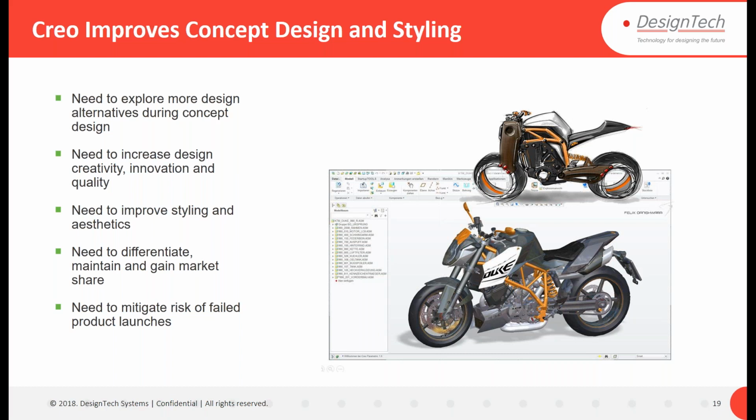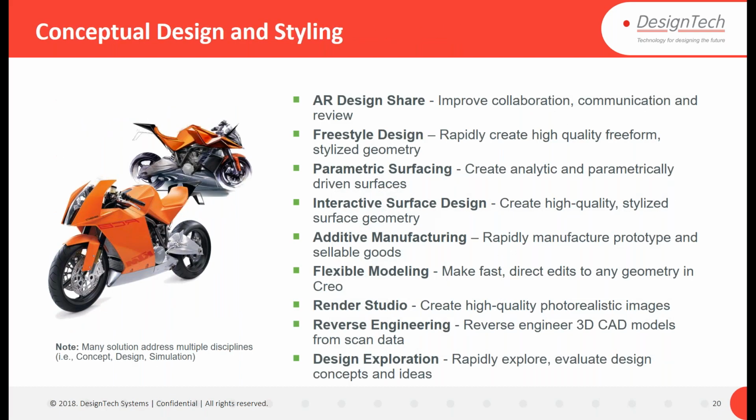When we go to the concept design solutions from Creo, there are many different products which can be used for concept design and styling. You use Freestyle design, where you can rapidly create high quality freeform subdivision geometry. Basically, it is based on polygonal modeling.